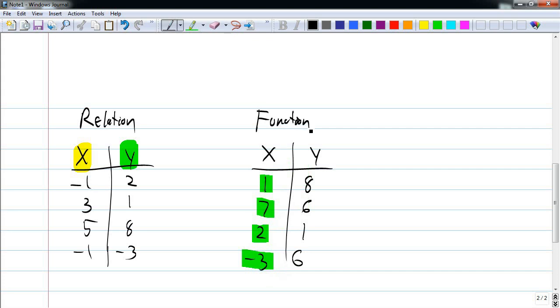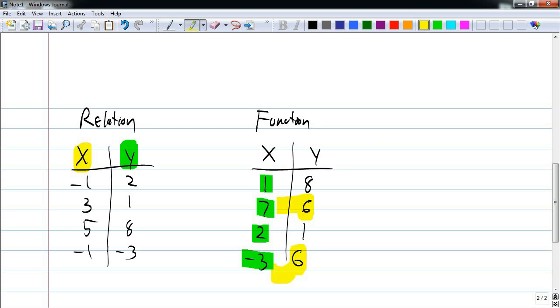Notice that our focus is on the x values. Y values are allowed to relate to as many x's as they want. Here we have the 6 relating to the 7, and then a little bit later it relates to the -3.